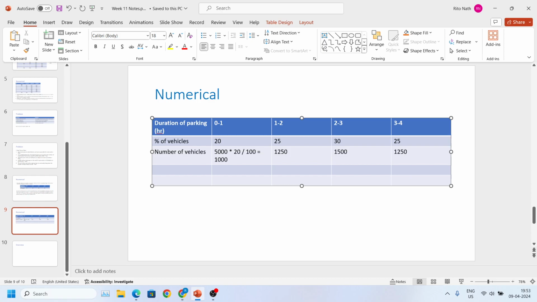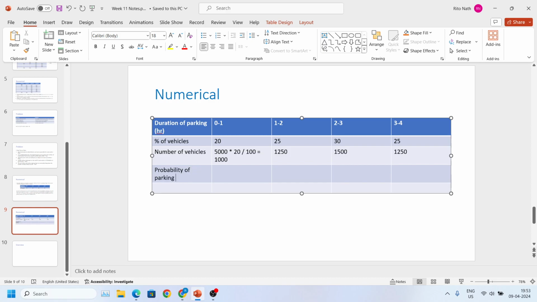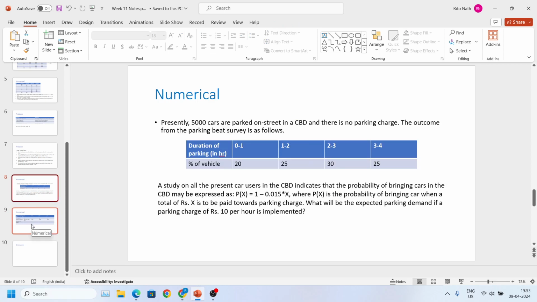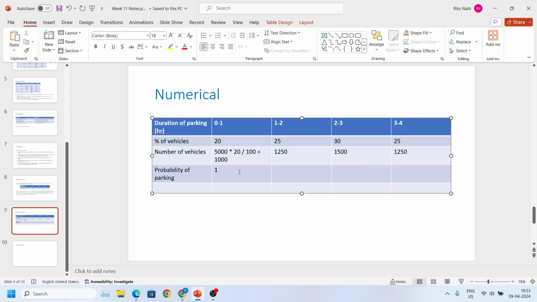Now, the probability of parking. The expression here is 1 minus 0.015 times x, where x is 10. So the first hour it is 0.85.